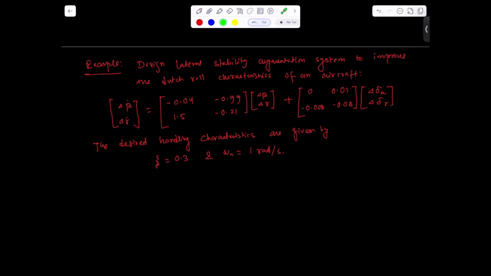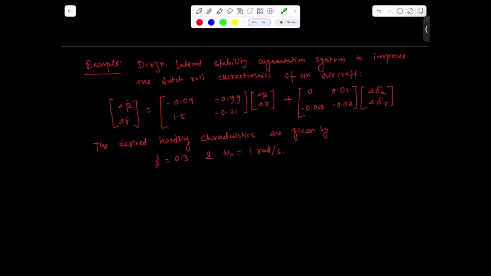So using these parameters, we can form the desired characteristic equation, and we can tally the augmented characteristic equation with the desired characteristic equation, and we can find the unknown parameters K1, K2. So let's start the problem.